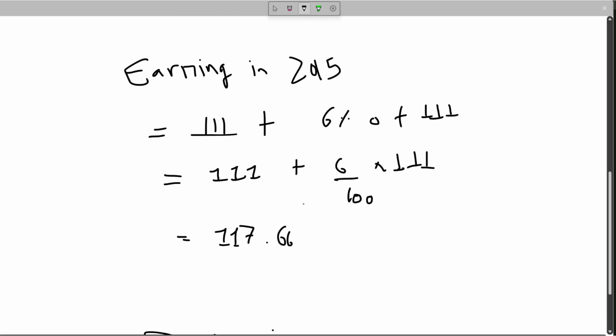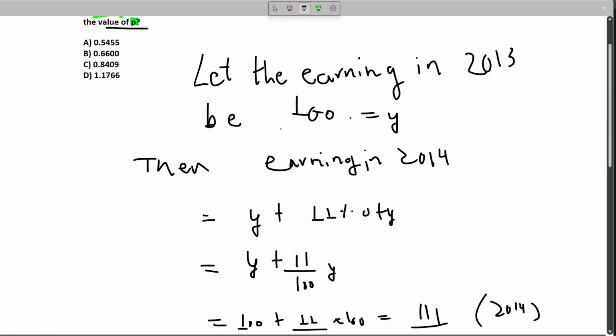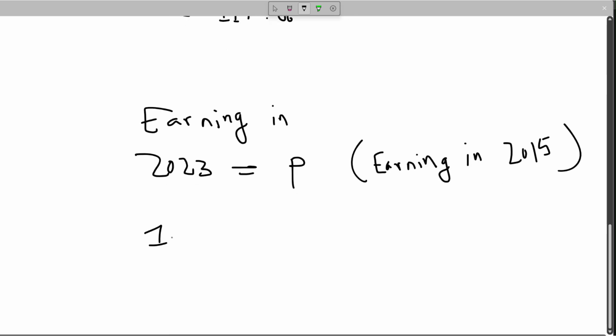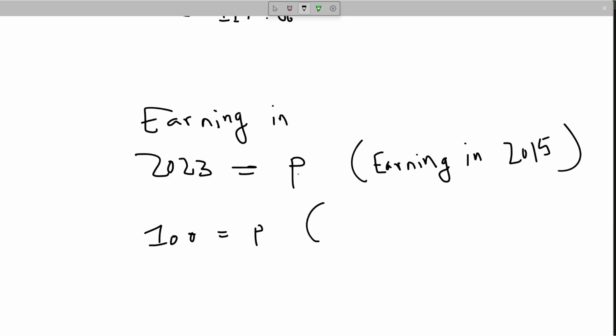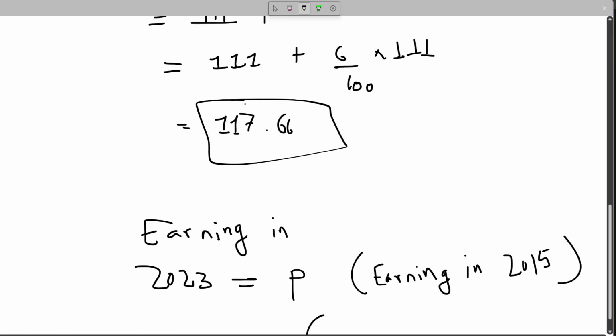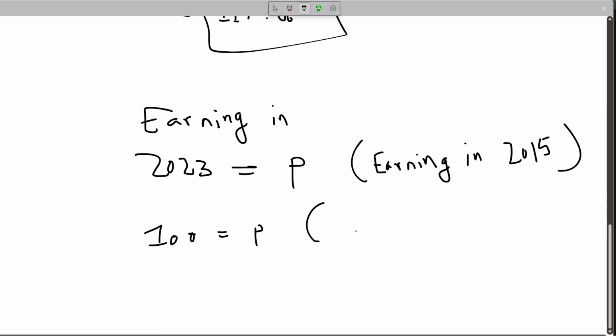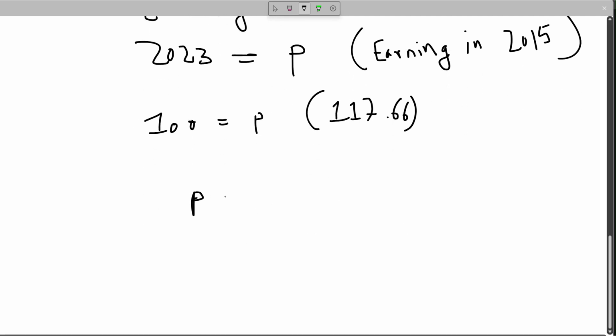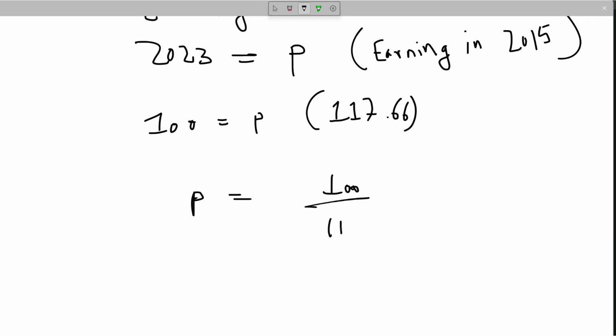So let's put the value here. Earning in 2013 is 100. So 100 is equal to p times 117.66. That is, p is equal to 100 divided by 117.66.